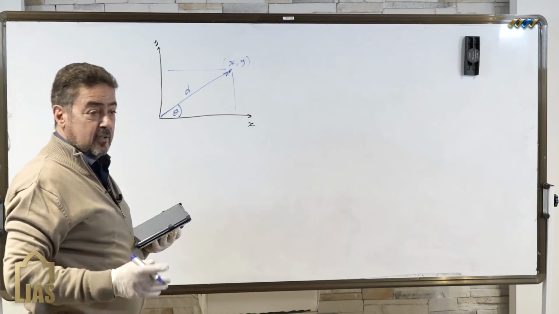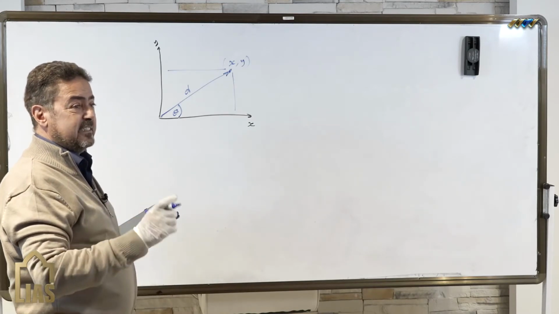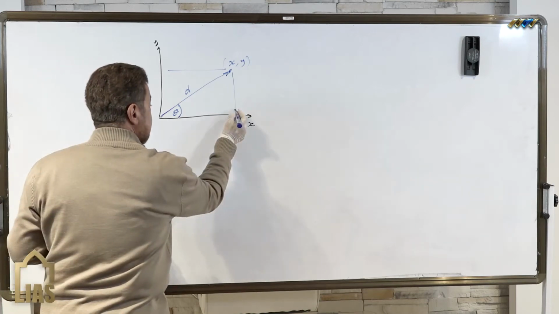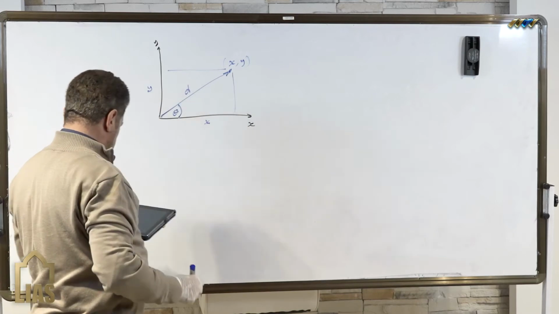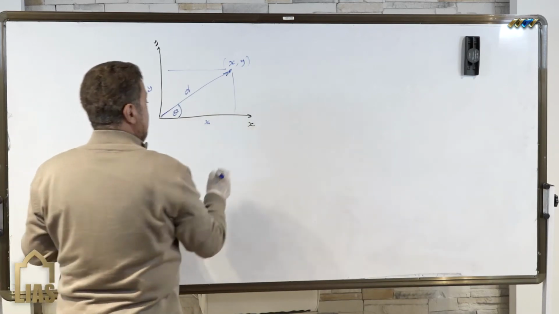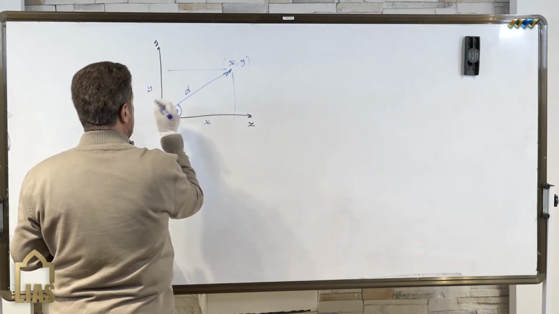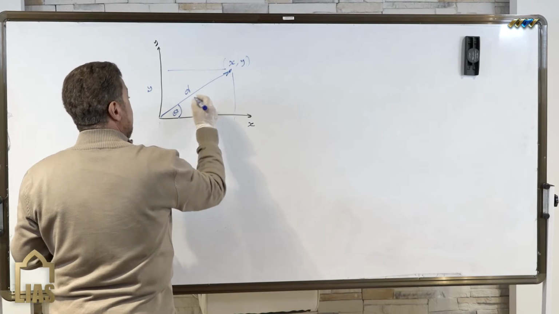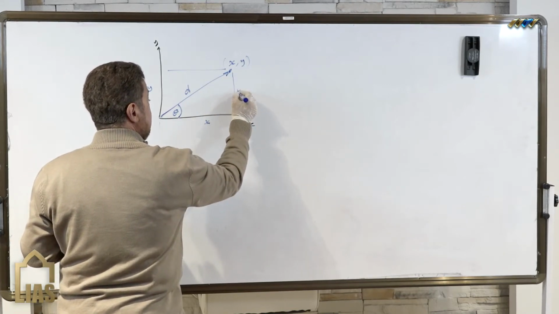The coordinates of x and y are a certain position, taking a certain x and a certain y. This distance is in meters or whatever, and we have this triangle, and this is y, and this is x.